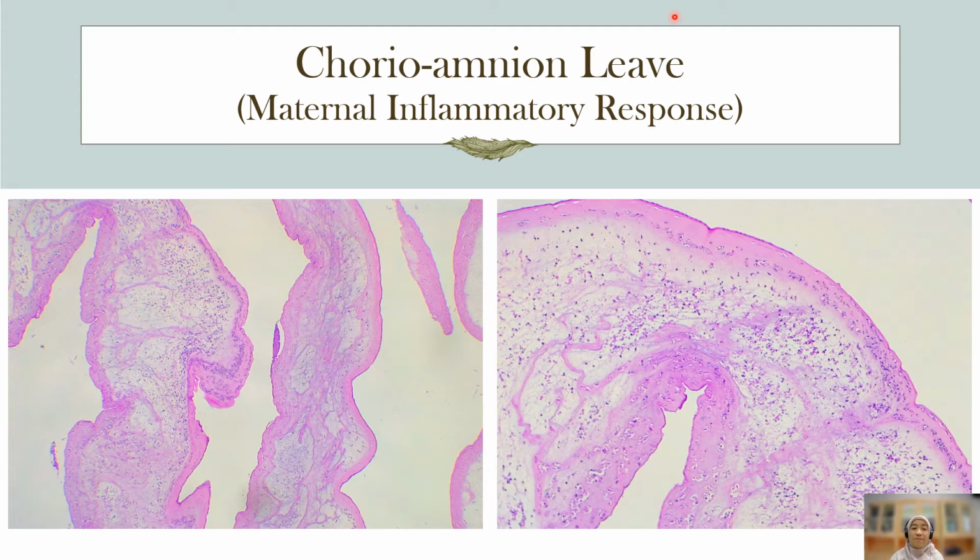In higher magnification here, we can see that the dots actually are the acute inflammatory cells, the neutrophils. They are scattered from decidua to the connective tissue of chorion and amnion, and moreover, they have infiltrated the surface epithelium of the amniotic membrane here.